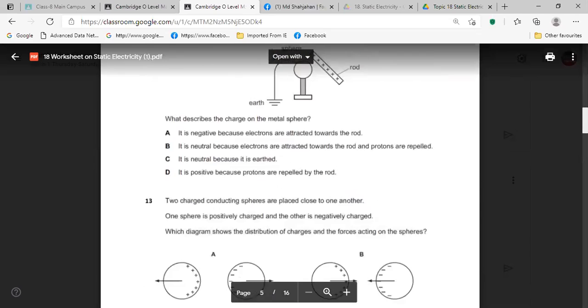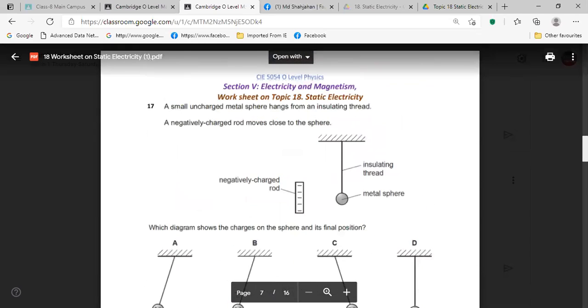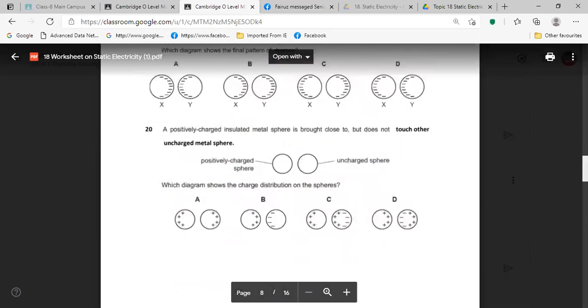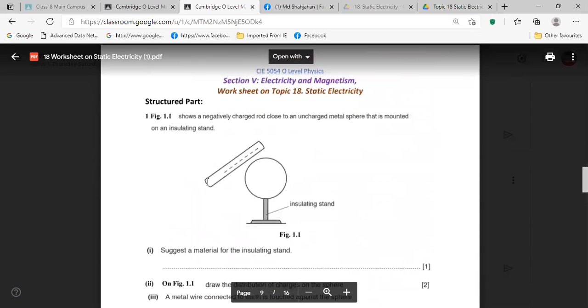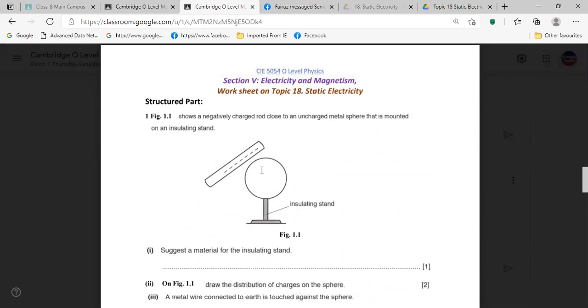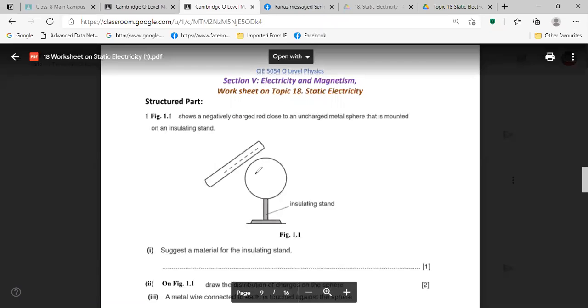For that one, we have a negatively charged rod, right? So what will be the closer part? Positive. And the opposite side will be negative, right? So you just draw some charges like this here, positive. 1, 2, 3, 4, 5, 6, 7, right?